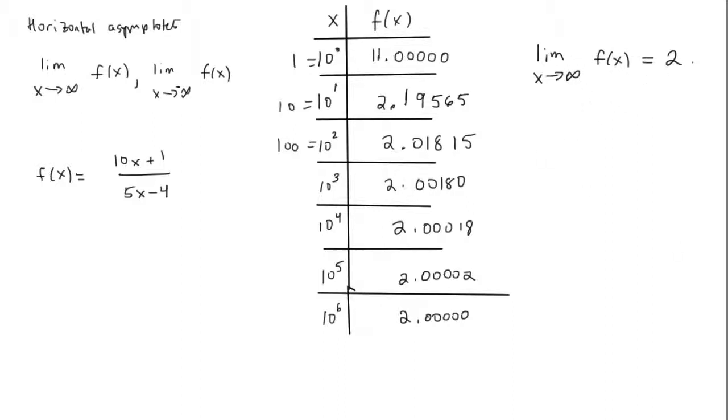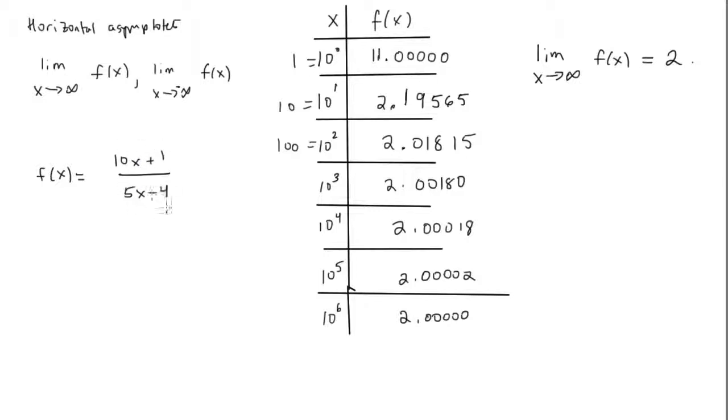Now the other thing that we want to deal with here is notice that this is kind of a special function. It's a rational function, and we've looked at these before, when we were talking about horizontal and vertical asymptotes. But we can still ask this question: what is the limit as x goes to infinity of a function, even if it's not a rational function?